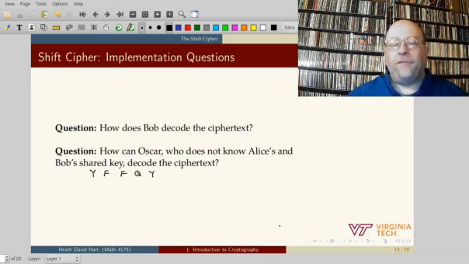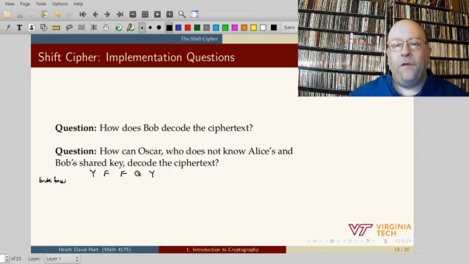Oscar doesn't know how much the message was shifted by, but Oscar can just use brute force. There are only so many possible shifts.